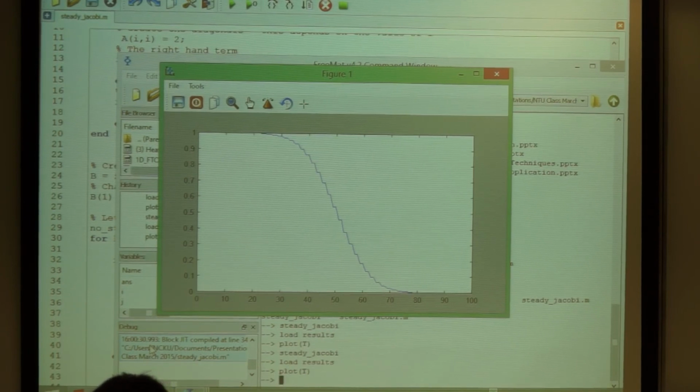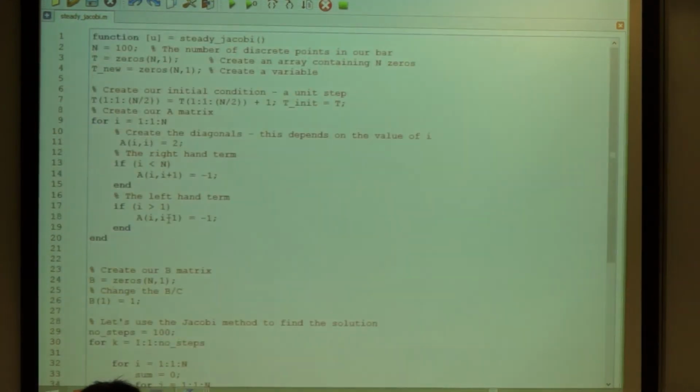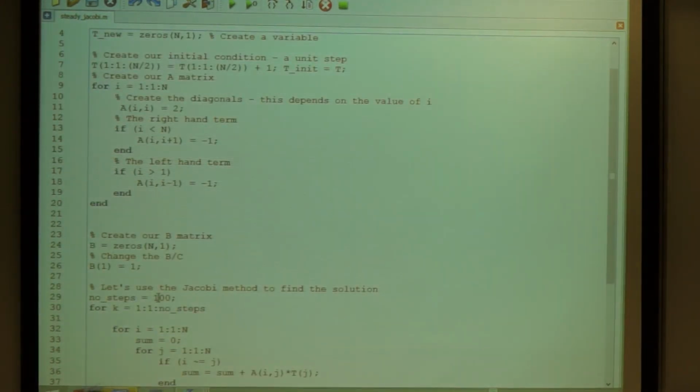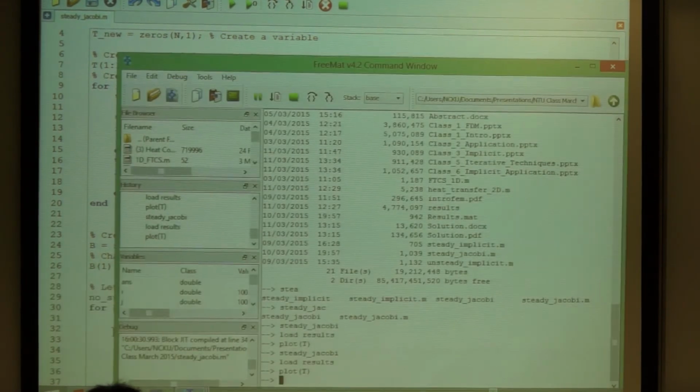This is a steady solution. We're taking the A matrix and B matrix for the steady problem, but as we use JACOBI to iterate the solution, the temperature profile evolves just like the FTCS profile did. So for JACOBI to converge to the correct solution, we need to take the same number of time steps as we required for FTCS.